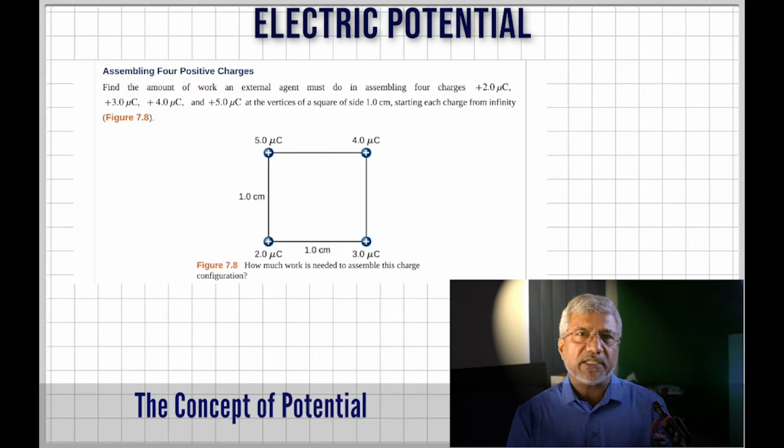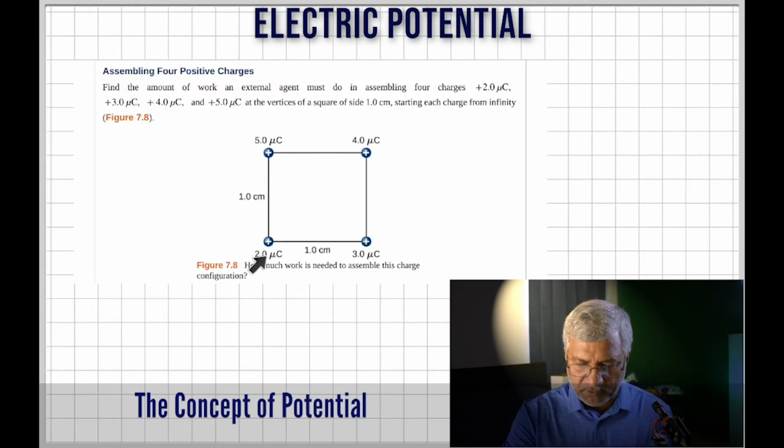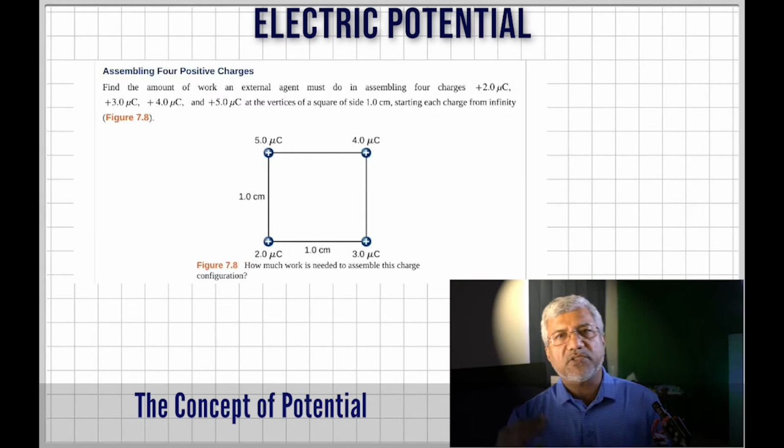So the idea is, number 1, remember that electric potential is a scalar, defined as work done. So when we try to bring the first charge, let's say you don't have any charges in that space, we'll try to bring the first one, for example, the 2 microcoulomb, and keep it here. How much work do we have to do? The answer is nothing, 0, because there are no other charges in the vicinity, so we don't have to work against any other force.